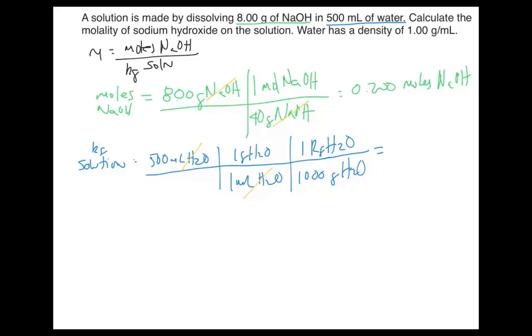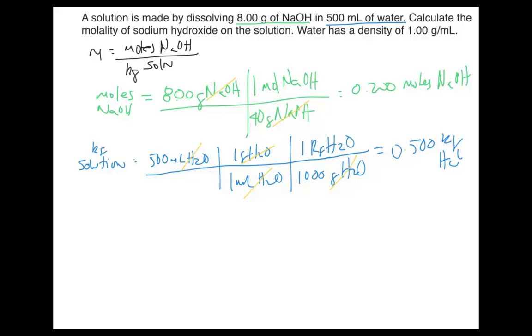So now we can cancel the units of gram of water, and we have our unit of kilogram. So this will be equal to 0.500 kilograms of water. Let me rewrite that again. Sorry for that.